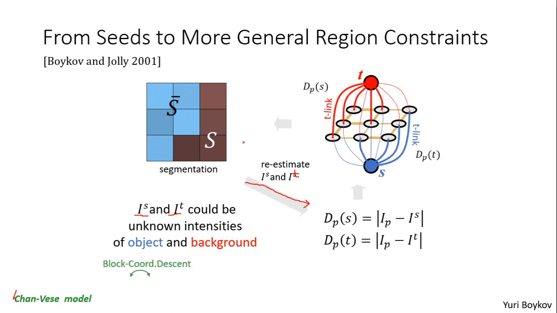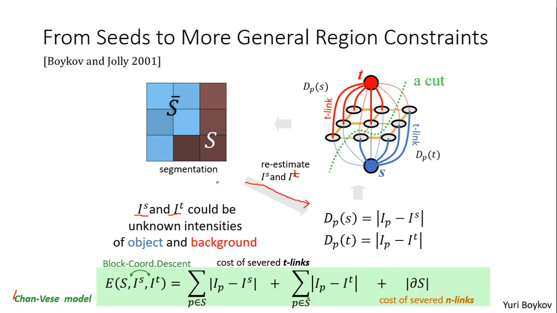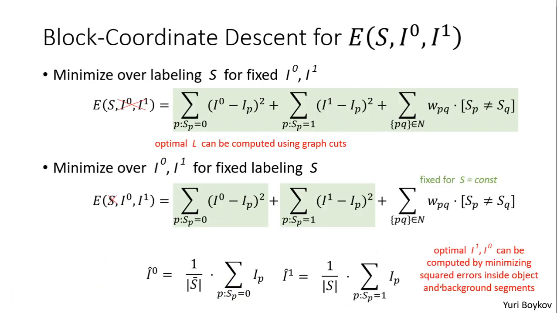The T-links, I think you know how to compute them, and then IS and IT will also have to be estimated. This is called block coordinate descent. There you have to iterate between finding the segmentation S and computing IS and IT. So this is how that happens.